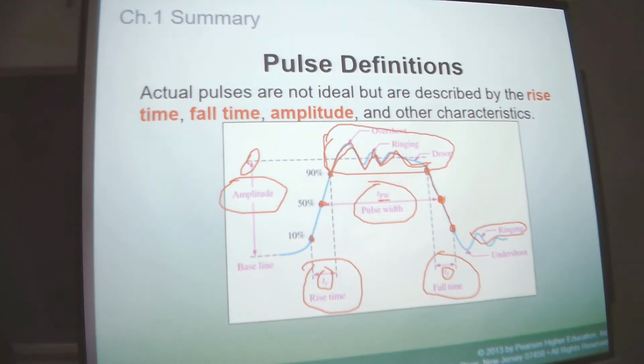And the most fluctuated wave is called amplitude. This is the pulse definitions.